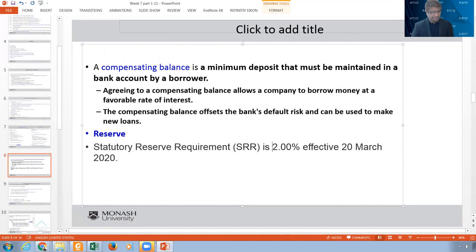In this country now, after COVID came, they decreased it to 2%. So this also you have to pass over to the customer, because you are not using the whole deposit amount of the $1 that has been deposited, and you pass it also as a cost to the customer.